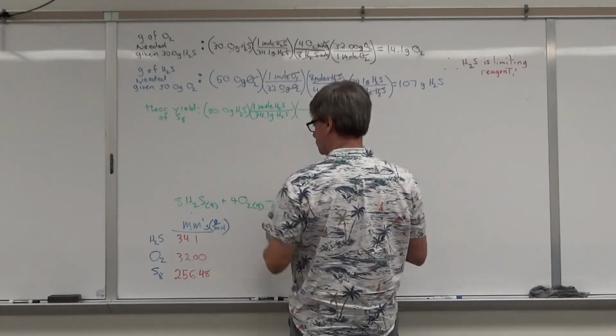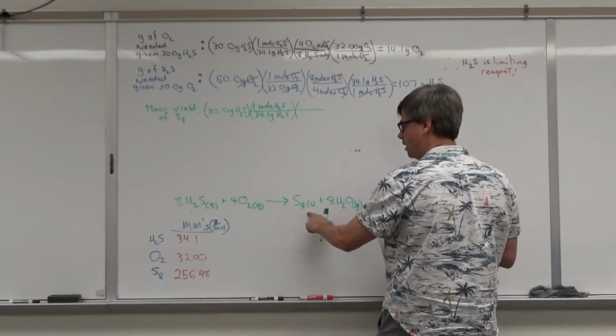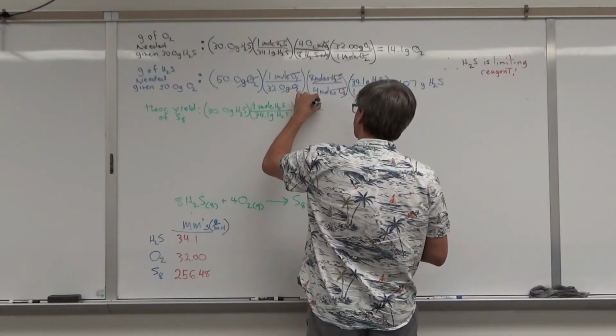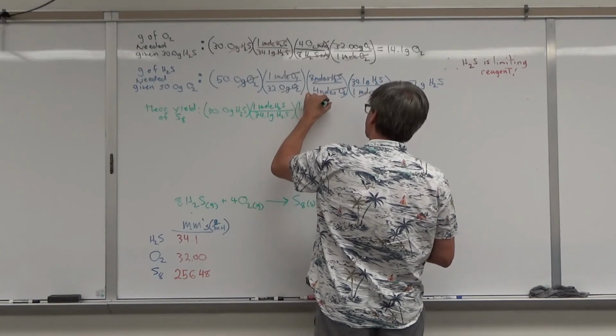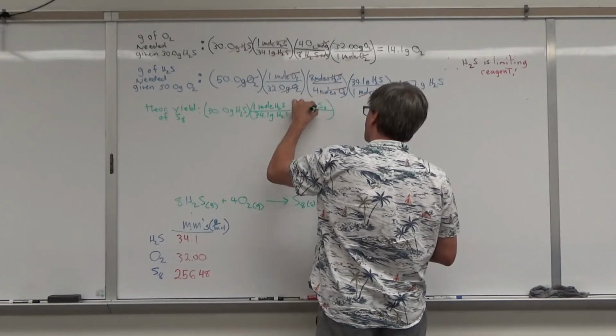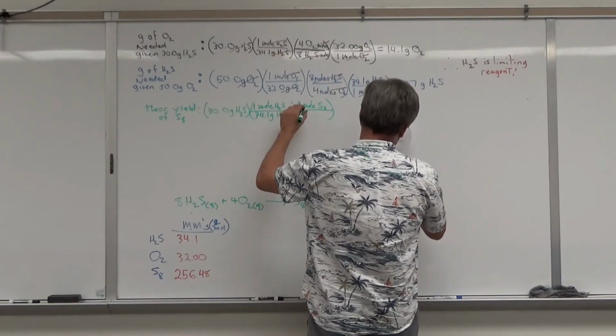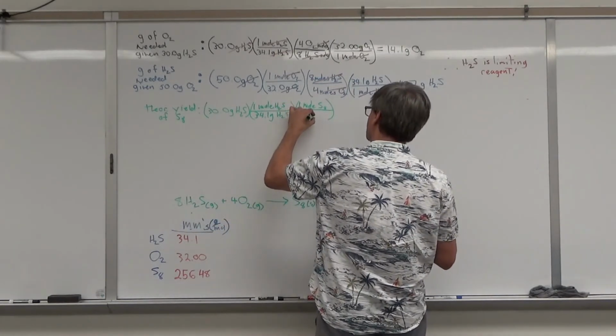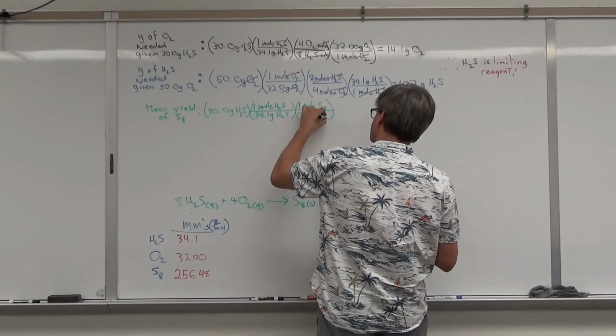You produce, according to the balanced chemical equation, 1 mole of sulfur for every 8 moles of hydrogen sulfide.